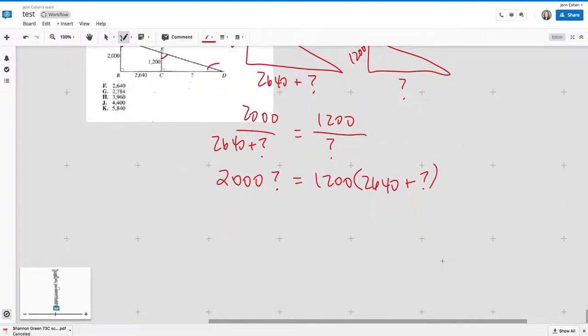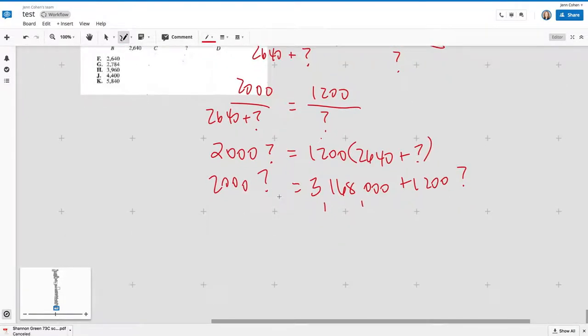And definitely need a calculator here. 1200 times 2640 is 3,168,000. That's a big number. Plus 1200 question mark. And then we still have 2000 question mark here.